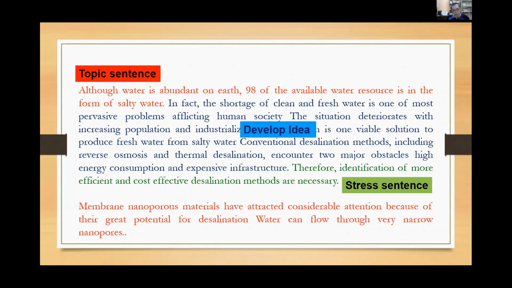So what you try to do, see, is state that identification of a more efficient and cost-effective design method is necessary. So at the end of your paragraph, you emphasize the urgency of the method. Follow the same thing: the next one further elaborates the topic sentence, and so on in your introduction.